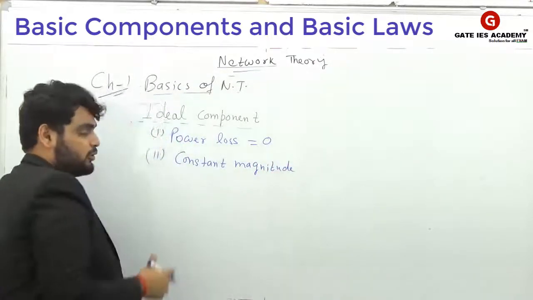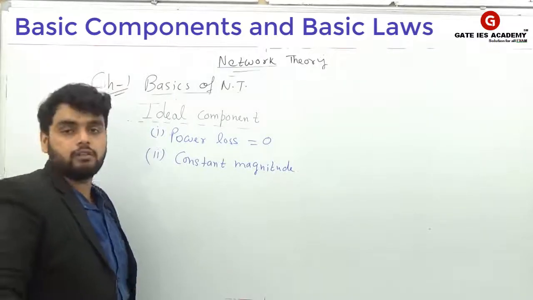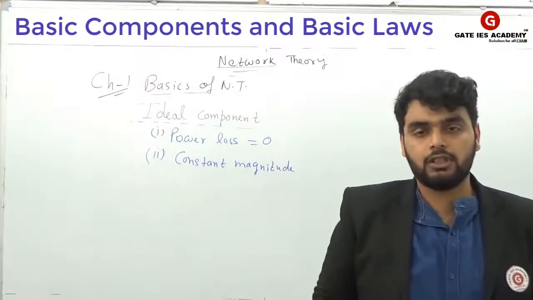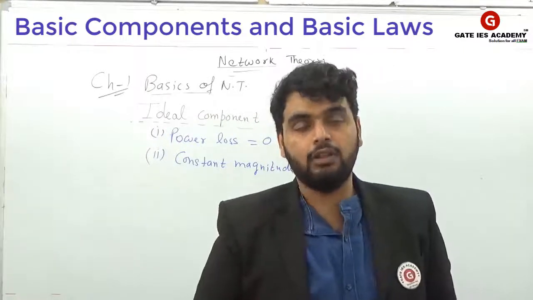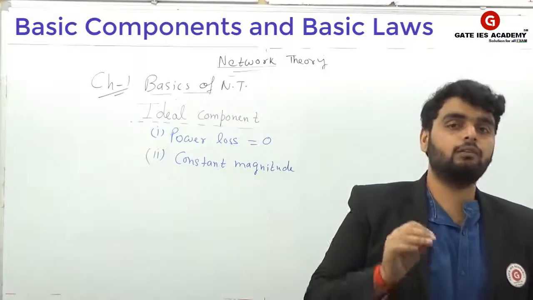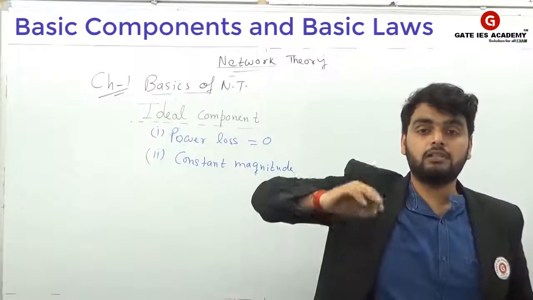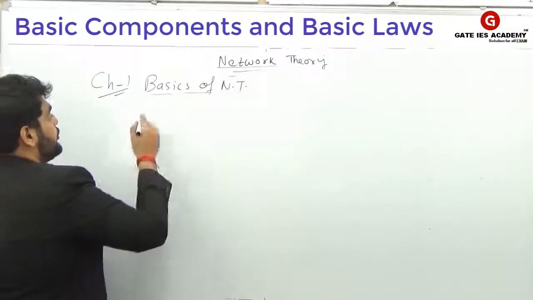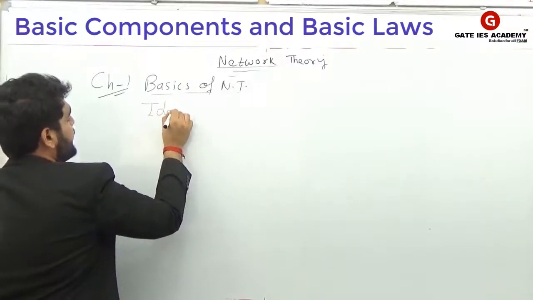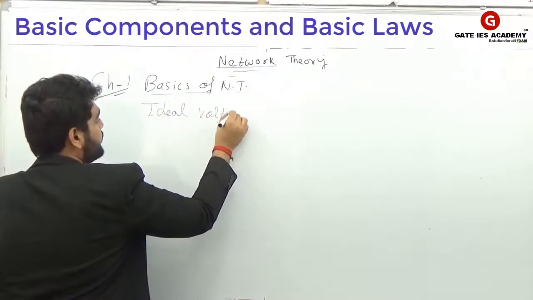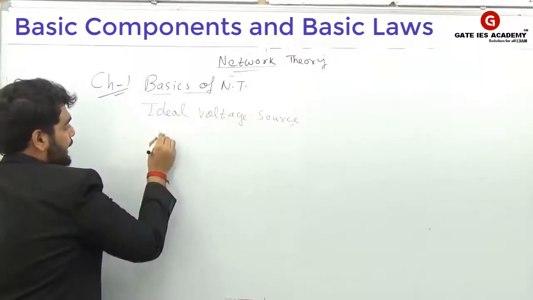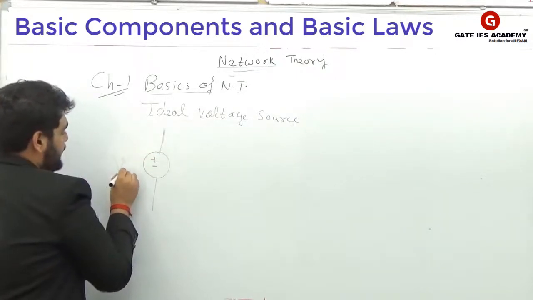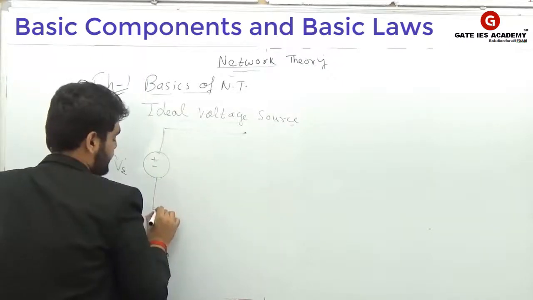These two are the basic properties: power loss is zero and constant magnitude. In ideal components, we are going to see two components, a voltage source and a current source. First of all, we will see the ideal voltage source, its characteristic and its plot. An ideal voltage source contains only a voltage source without any resistance.